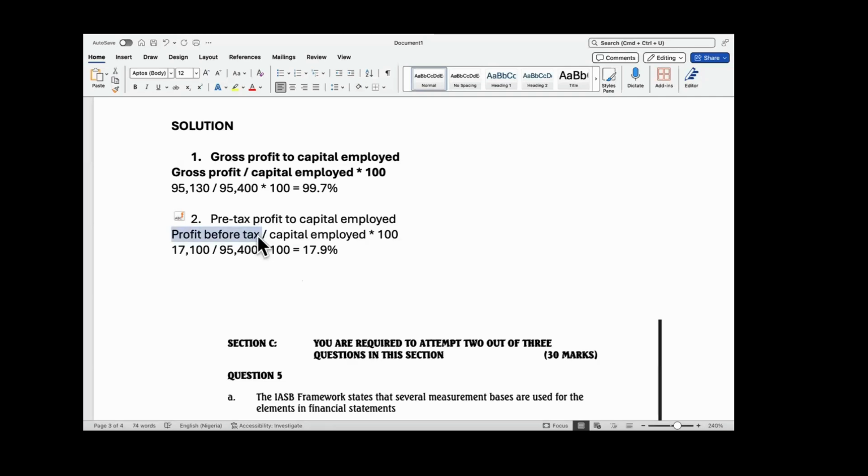It's going to be that PBT on the money invested solely by the equity holders, because this profit belongs to just the equity holders. It's a profit after you have paid interest and almost all other expenses. But this gross profit is a profit that belongs to everybody, including even the debt holders, because at this level, we have not settled our interests. We have not paid the debt holders.